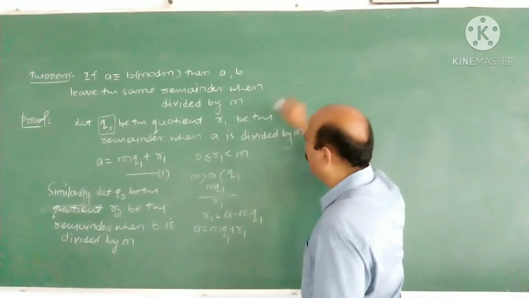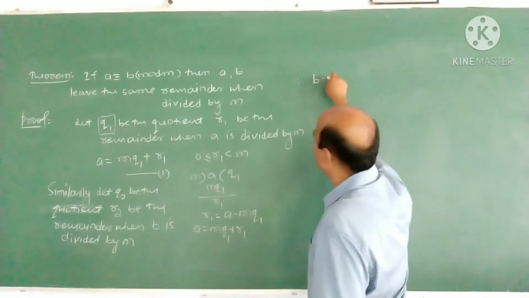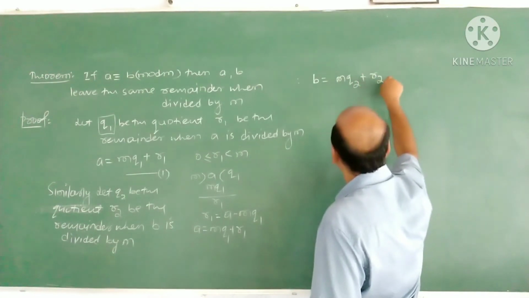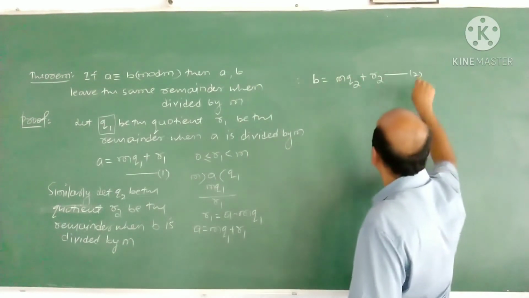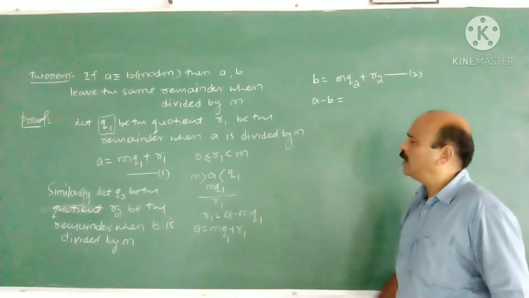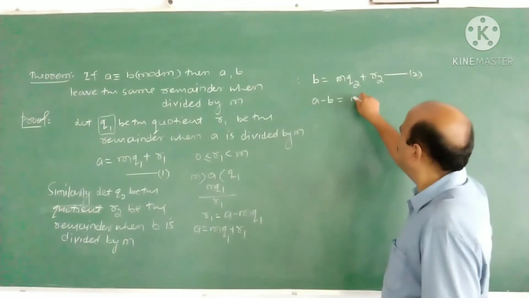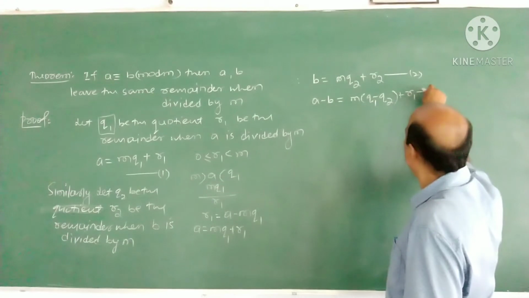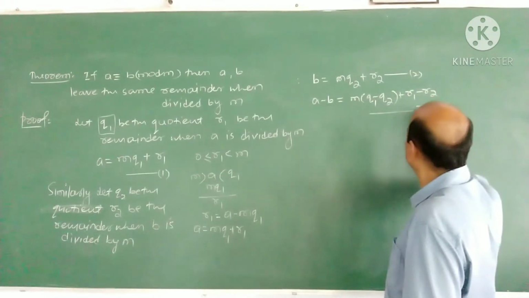Therefore, as written here, B is equal to M into Q2 plus R2. Take this as 2. Now I consider 1 minus 2. What does 1 minus 2 give? A minus B is M into Q1 minus Q2 plus R1 minus R2. Take this as 3.